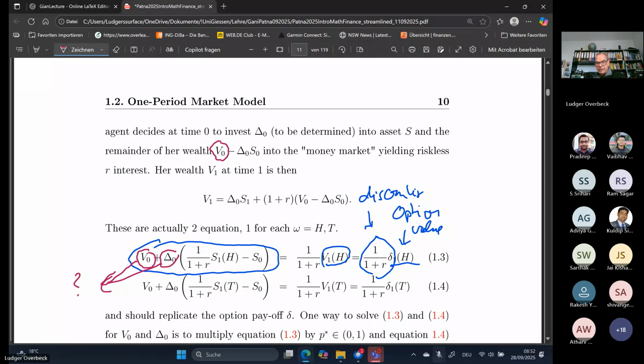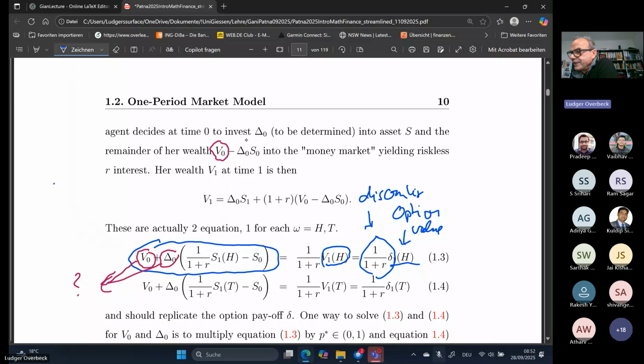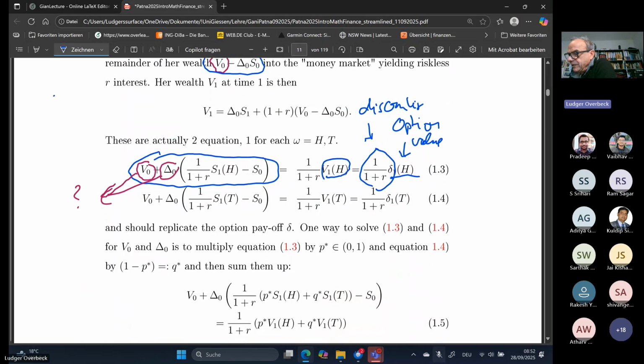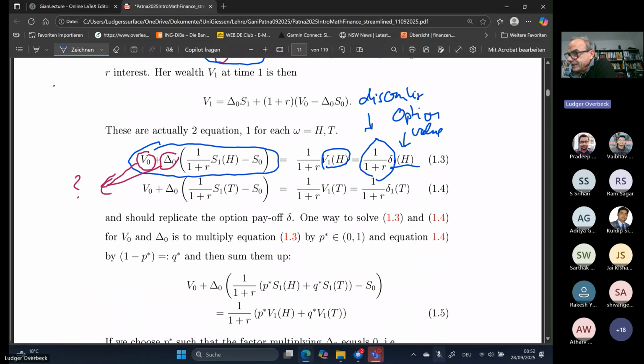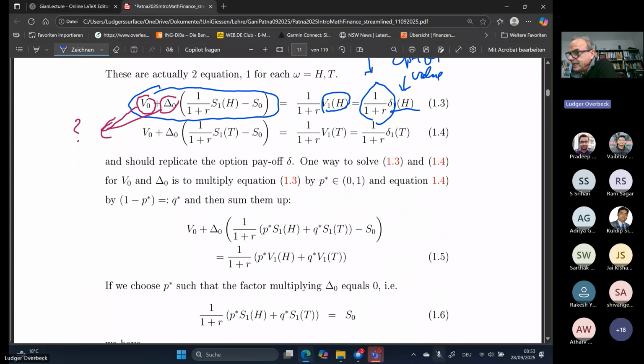And because you write it like this, if you want to abstract from this one, you already see the form of an integral, which you will see later. Okay, so here we do some calculus, and because we know already that we need this P star. Here you see there was no P, now we just introduced P star.